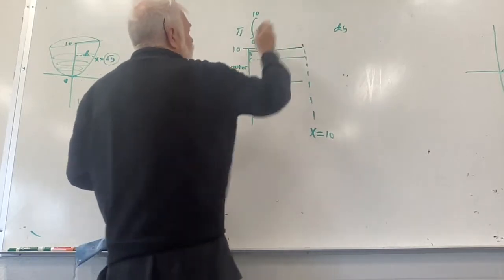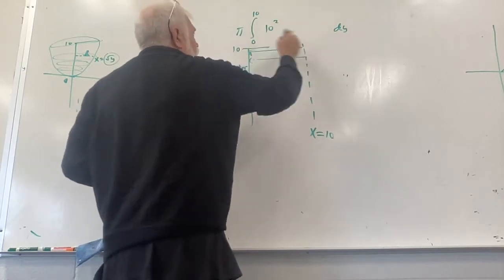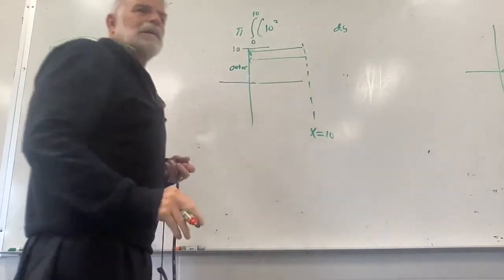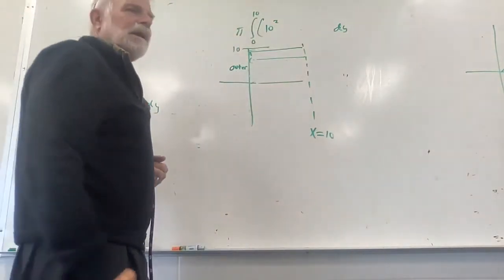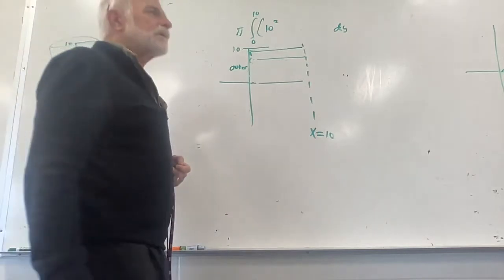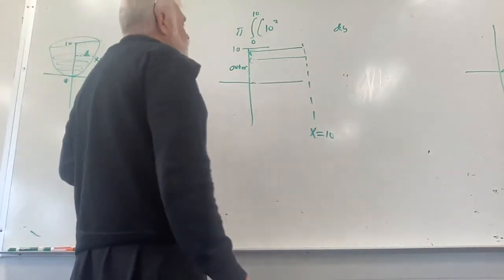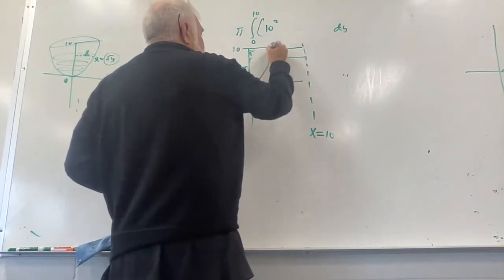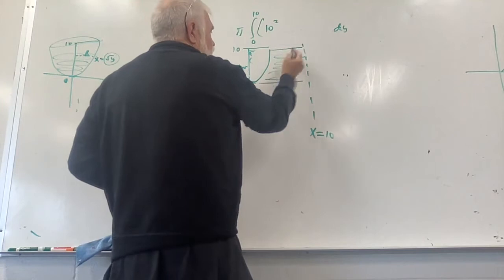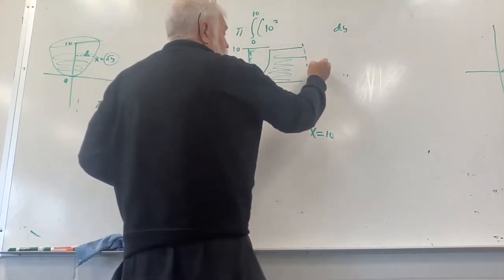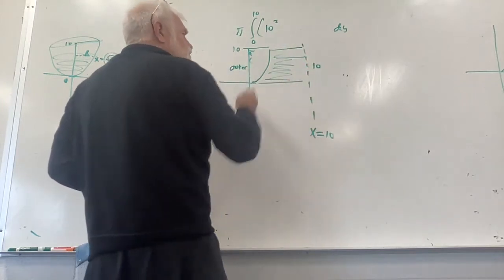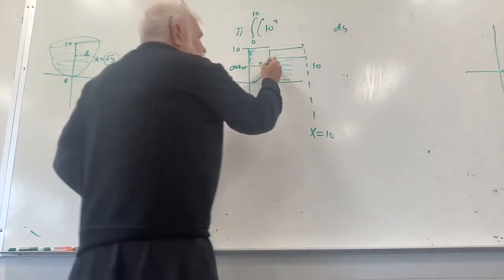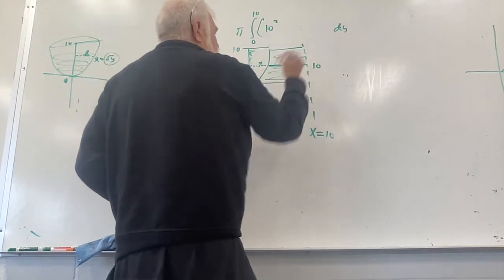That's the pi r squared dy, which gets us a kind of solid that looks like a can, a pretty wide can. I don't know what comes in those kinds of containers, but maybe you can think of something. And now we're going to take this empty space away. So we know our right-hand border is 10. The question is, how much do we take away? We've got to take an x distance away in order to make that our little r.